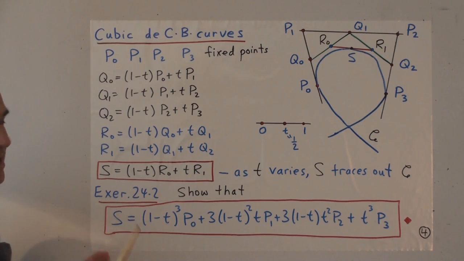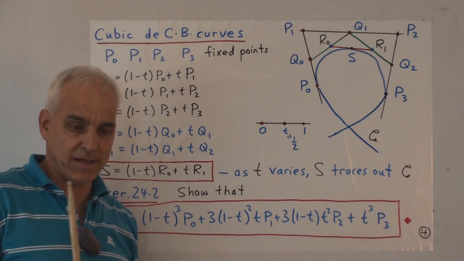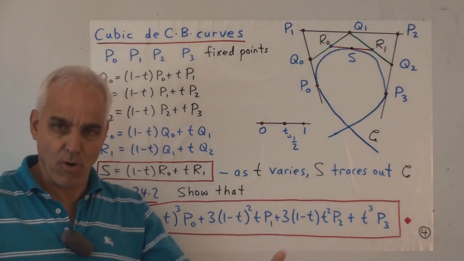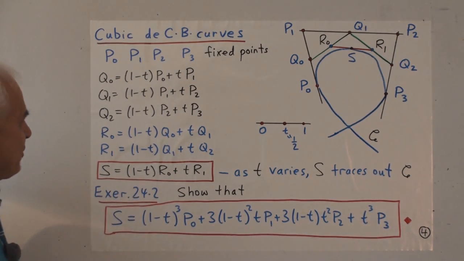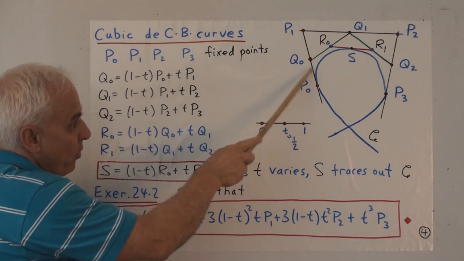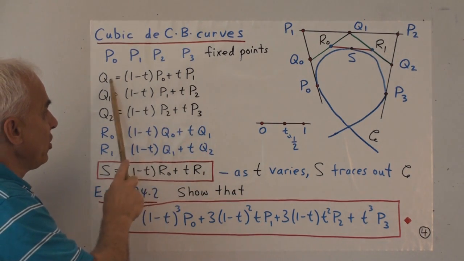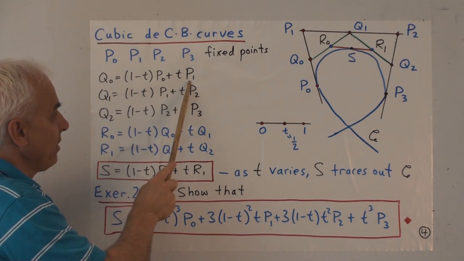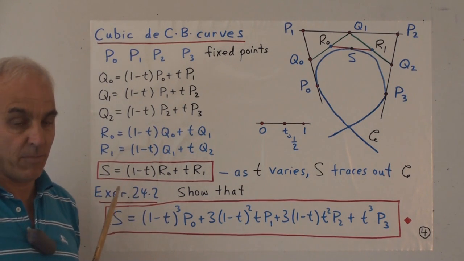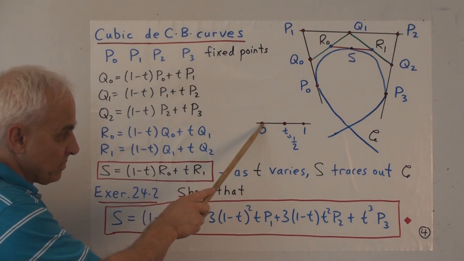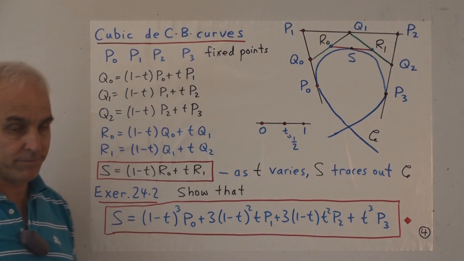All right, so how do we set this up? Well, we do almost exactly the same thing as we did in the quadratic case, but we just go one step more. So first we define a point Q0, which is going from P0 to P1, a convex combination of P0 and P1 with a parameter t. Our parameter will always be t, and it will always be going from 0 to 1.